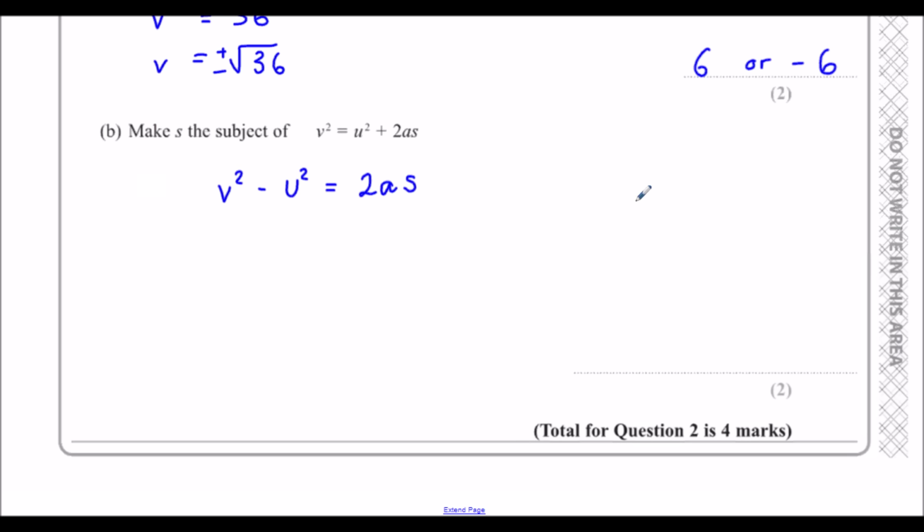At the moment s is multiplied by 2a. To get rid of it, we do the opposite, so we divide both sides by 2a. So we've got v squared minus u squared over 2a is equal to s. So s is the subject, and that is our answer: v squared minus u squared over 2a.